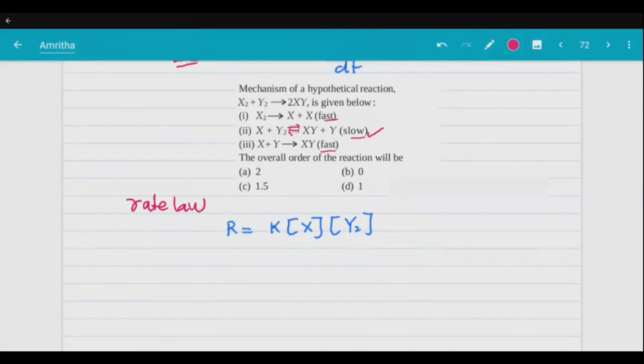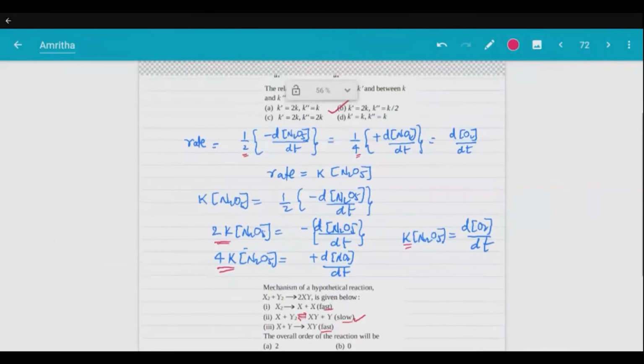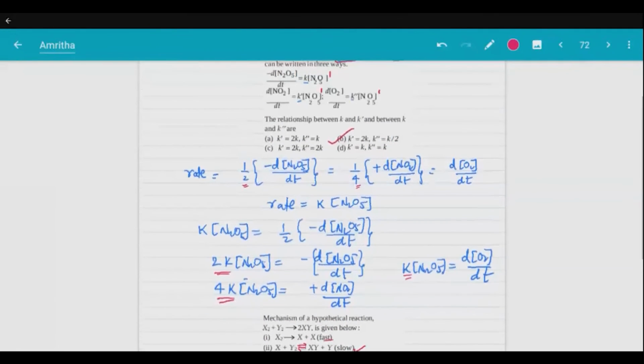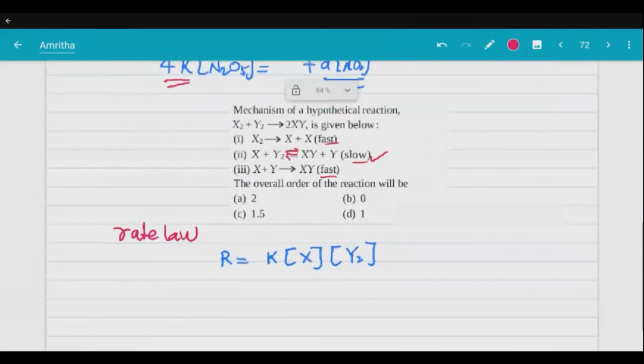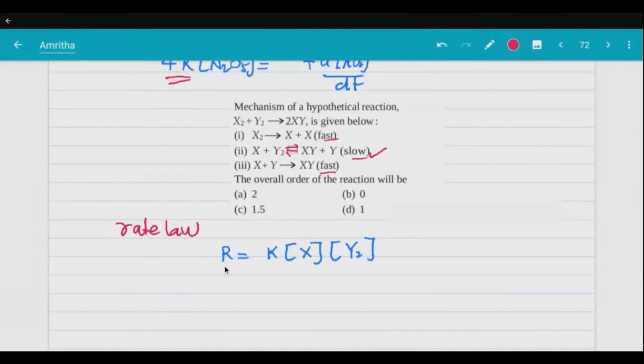One second, I'll show you the previous question. Okay, this is the previous question. You see this rate law. When you write the rate law, it is basically the relation between the rate of a reaction and concentrations.